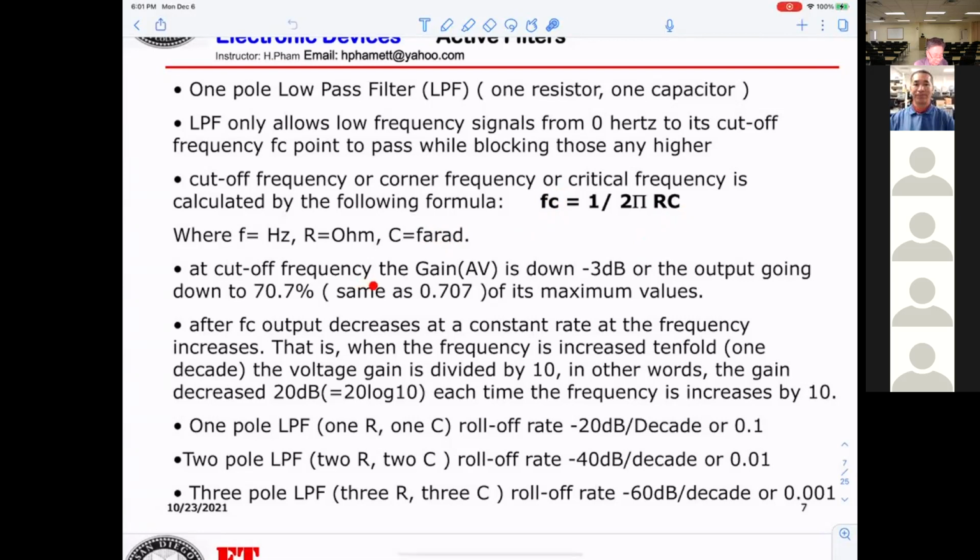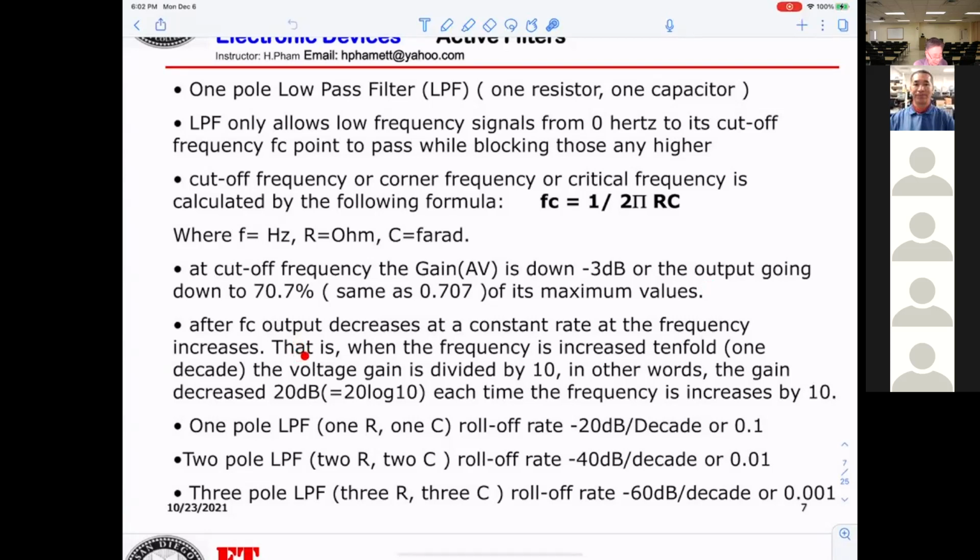At the cutoff frequency, the gain is down 3 dB, or the output goes down to 70.7%, the same as 0.707 of its maximum value.